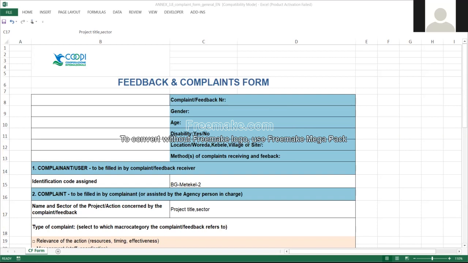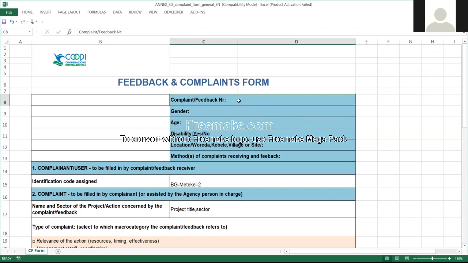Now, in this form, you can see the complaint or feedback number. You don't have to write the name of the complainant, because the complaint may be confidential. To keep the safety of the person who is complaining, even if you write it for your own use, you don't have to disclose that.